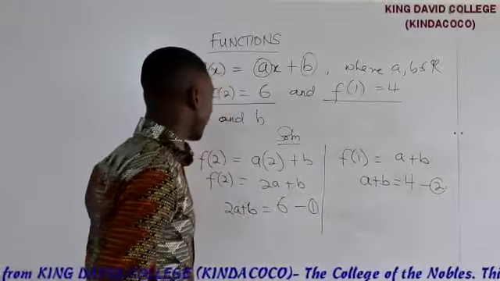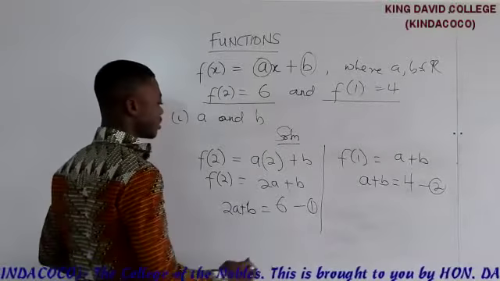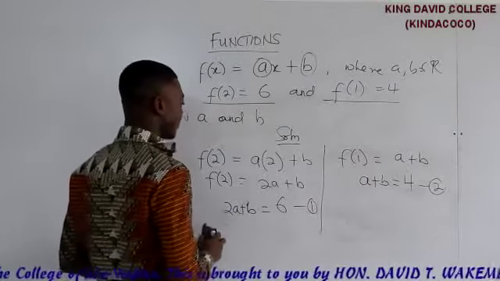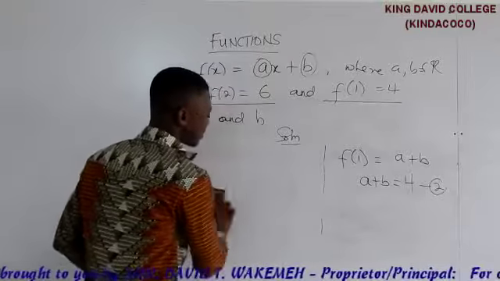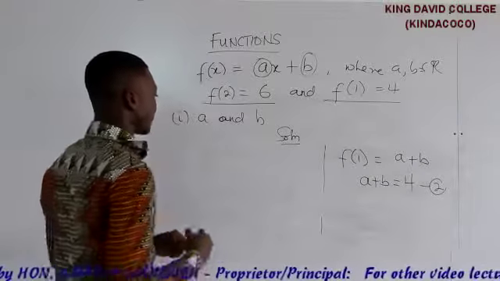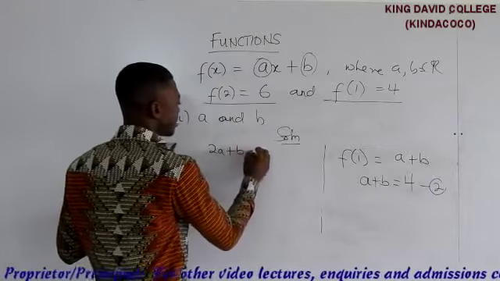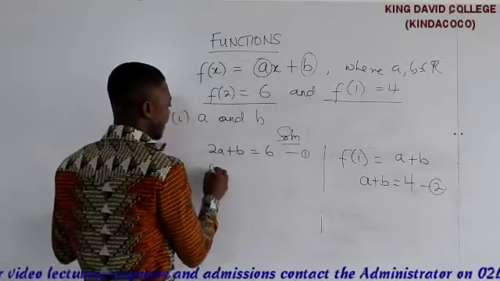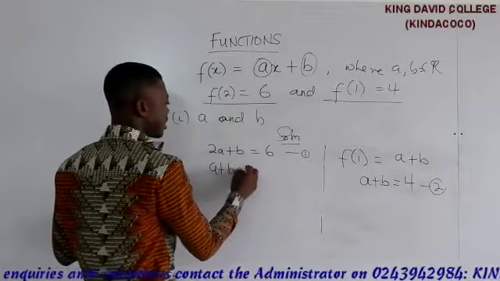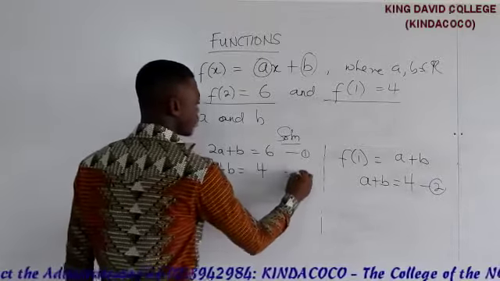Okay, so now let's use these 2 equations to find the values of a and b, borrowing the idea from simultaneous equations. The very first equation, 2a plus b is equal to 6, is equation 1, and a plus b is equal to 4 is equation 2.